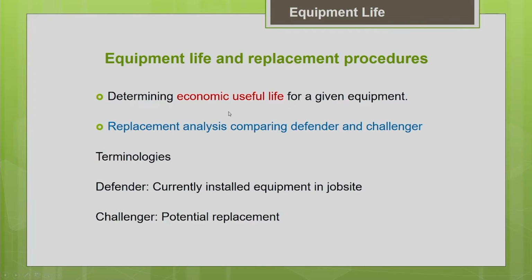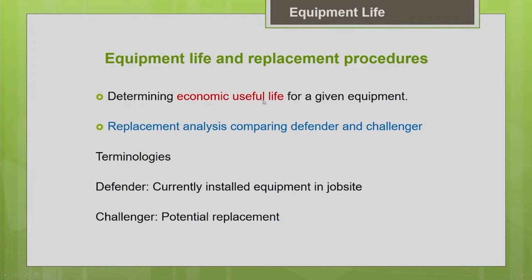So the time period during which the profit is maximum or the cost is minimum, both refer to the economical useful life of the machine. If you know this economical useful life, at the end of it we have to replace our old machine with a new machine, because we never want the profit to get reduced. That is a common business policy.